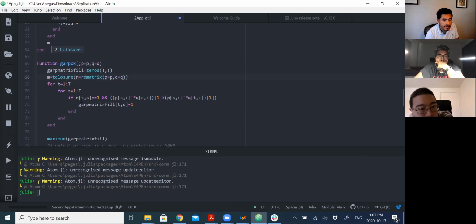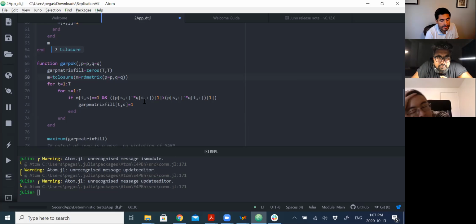And I check that if XT is revealed preferred to XS, and there is also this flip of the preferences, right? So PS·QS is strictly greater than PS·QT. So that means that now in direct revealed preferences, QS is better than QT.